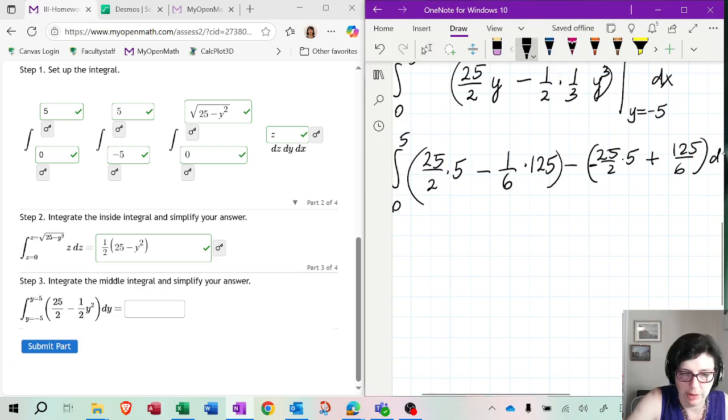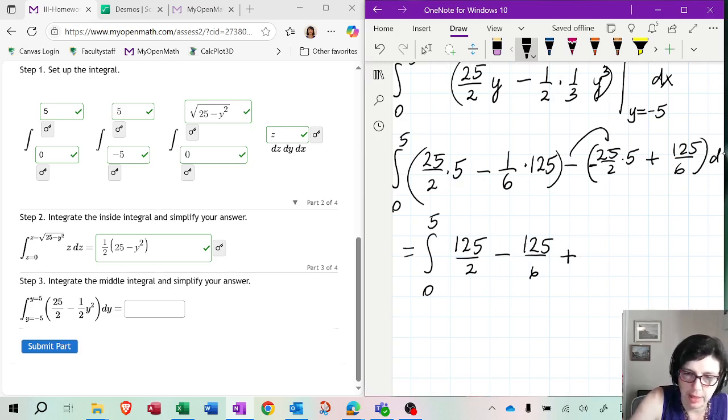Okay, so let's see if we can simplify, because remember, we cannot move on until we completely simplify. So 25 times 5 is 125 over 2 minus 125 over 6. And then this negative will get distributed, right, to each term. So that's going to be 125 over 2 plus, and then minus 125 over 6. So can you simplify that?